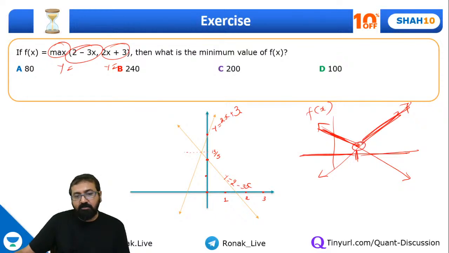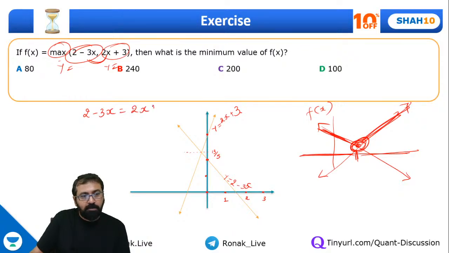So can I say the minimum value will always be at the intersection? Yes or no? When you are asked to find the minimum value of the maximum of these two, it will always be at the intersection. The intersection will be at the point where both of these are equal. So we just need to equate 2 minus 3x equal to 2x plus 3. If I solve this, I'll get 5x equal to 1.